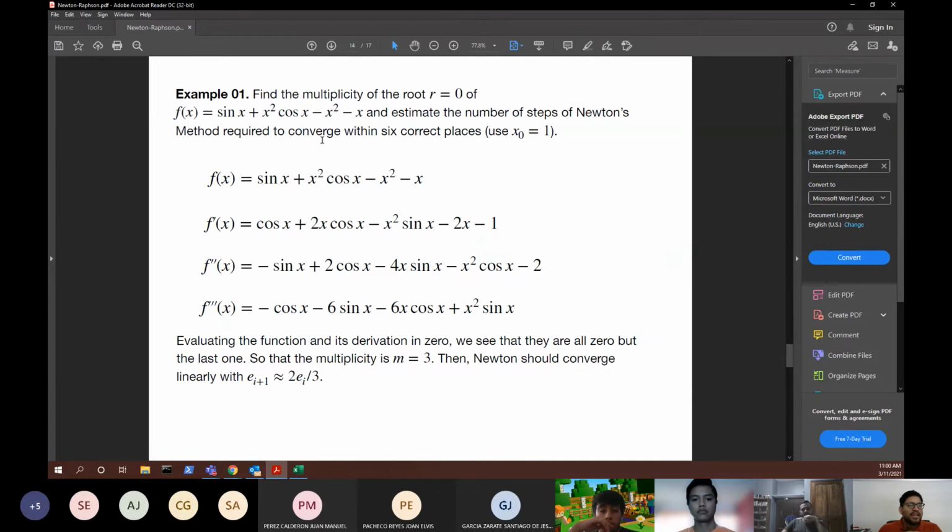So let's apply the Newton method, and we're going to find something very nice.